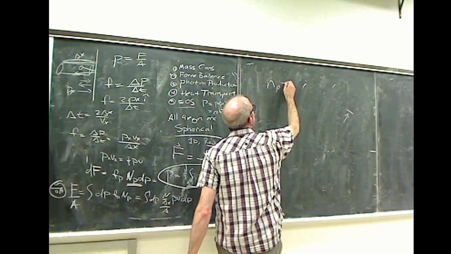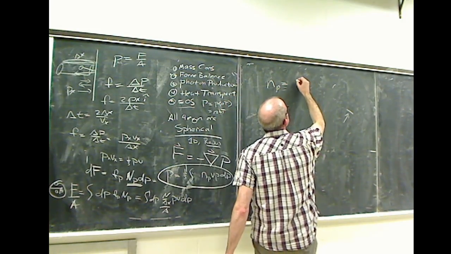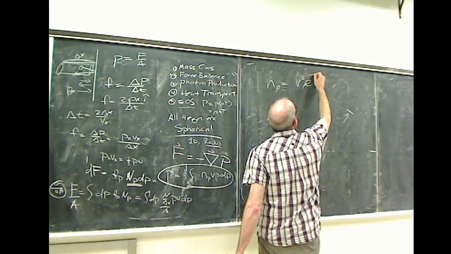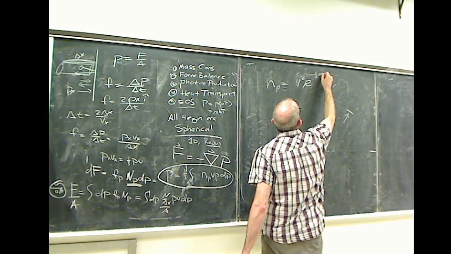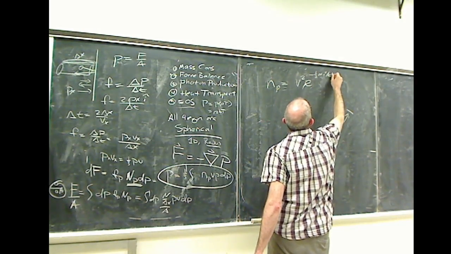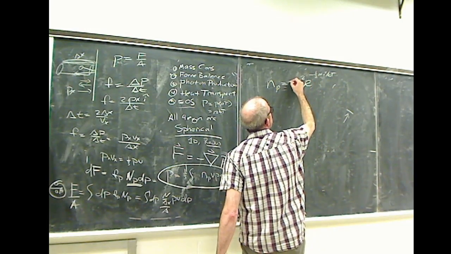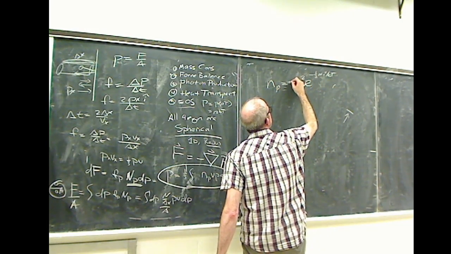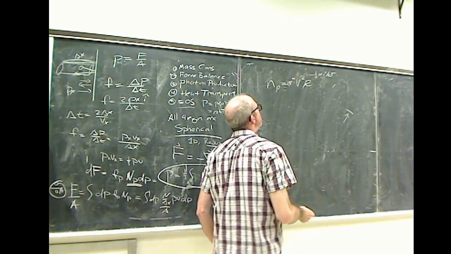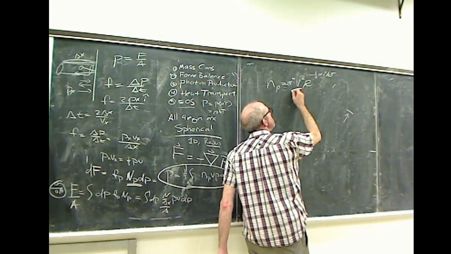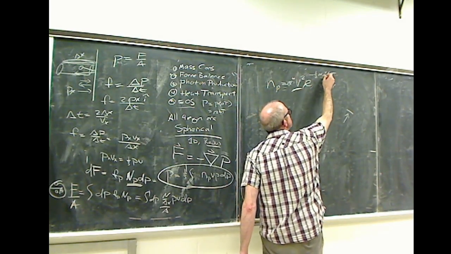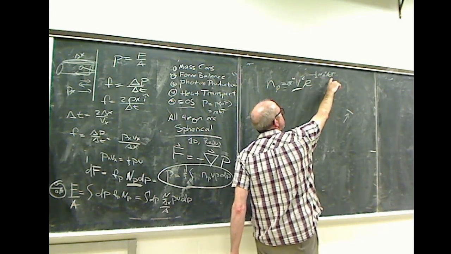So n of p is equal to what? It's equal to v squared e to the minus 1/2 mv squared over kT. And then there's a normalization out in front that looks like kT over m to the 3/2. The important parts of the equation are the v squared here, the v squared here, and then the 1/2 and the kT.